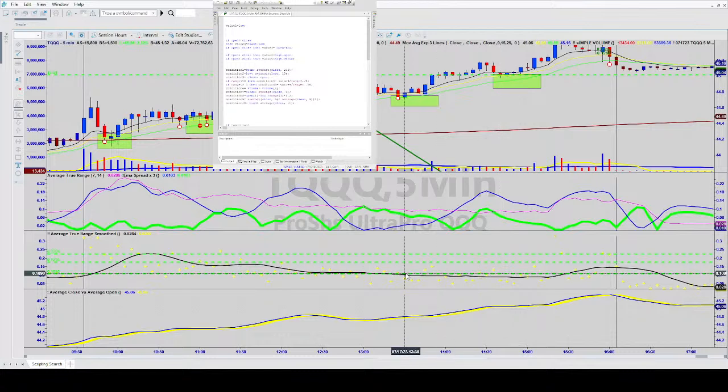Blue, pink, green. Pink, green. Pink, green. Pink, green.